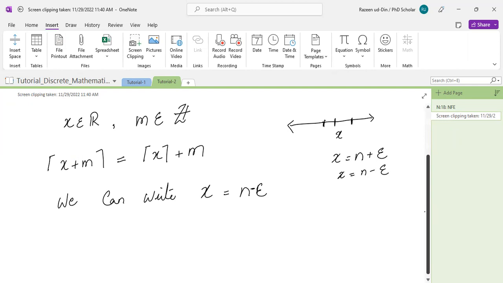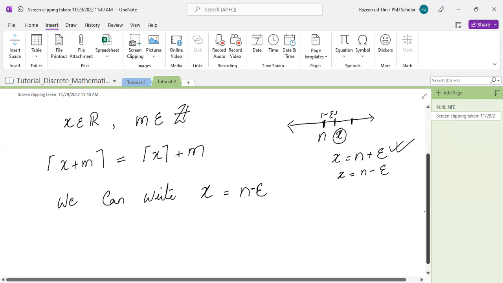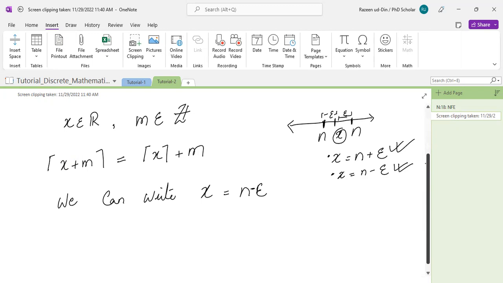If we take n here, x can be written as this n plus this decimal part epsilon. And if we take n greater than x, this is epsilon, and x can be written as n minus epsilon, which is this case. So in this question, we are letting our x be n minus epsilon.